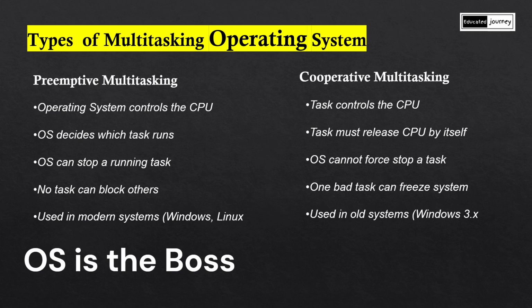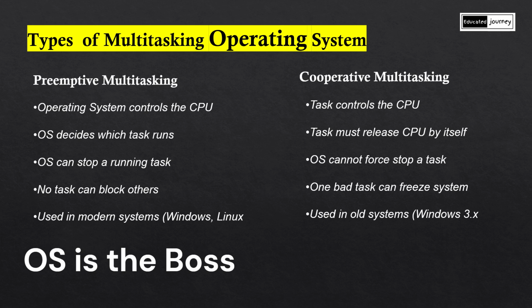In type 2 we have cooperative multitasking, which is also known as non-preemptive OS. Here the operating system is not strict. A running program must voluntarily give up the CPU so that another program can run. If a program does not release the CPU, other programs will have to wait. So, all programs must cooperate with each other.